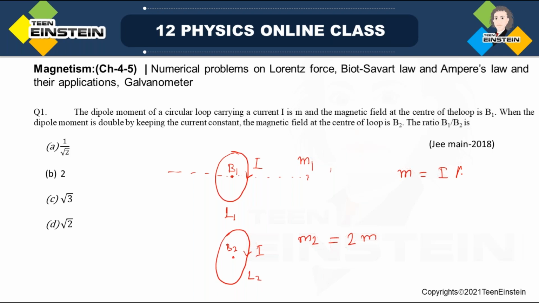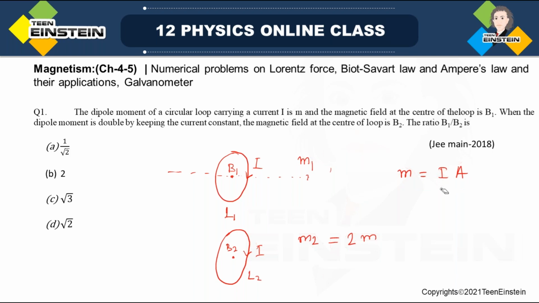This is the formula for the magnetic moment associated with any type of loop, whether it is a square loop, circular loop or rectangular loop.